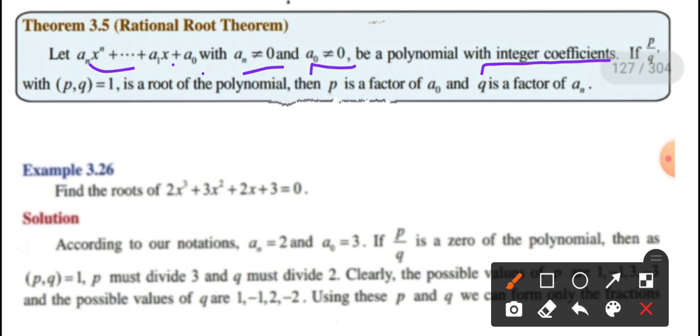If p/q with gcd(p, q) = 1 is a root of the polynomial, then p is a factor of a_0 and q is a factor of a_n.